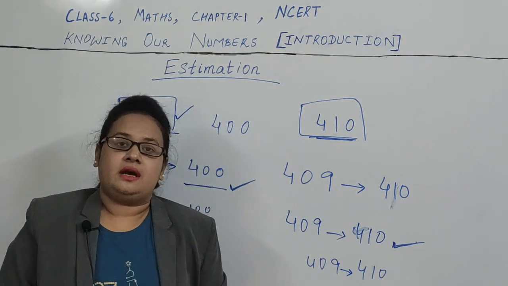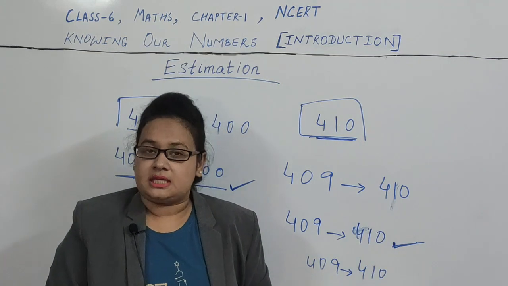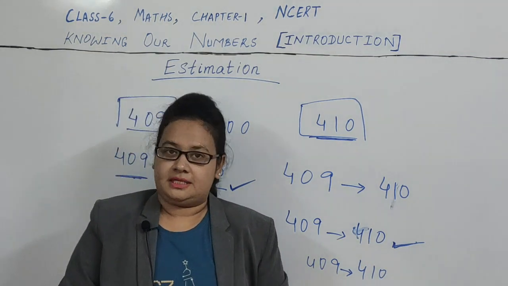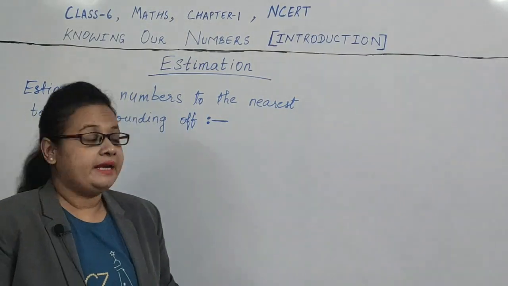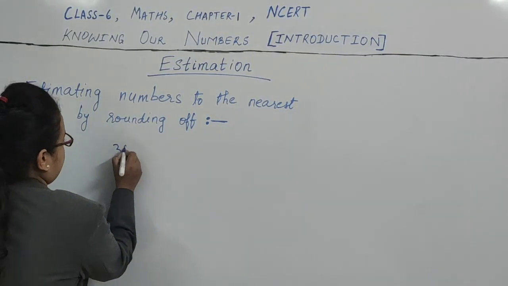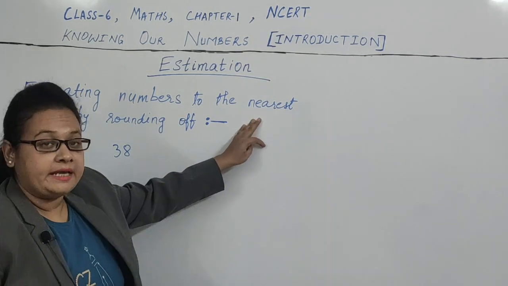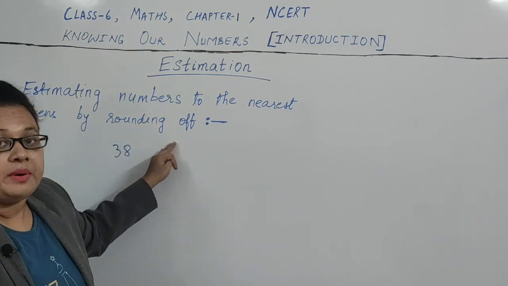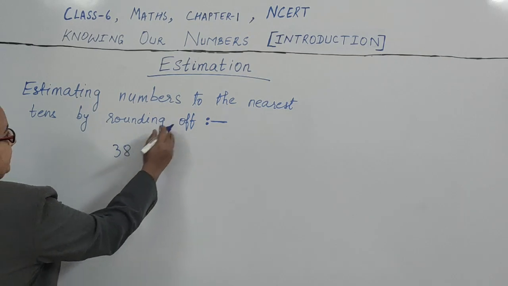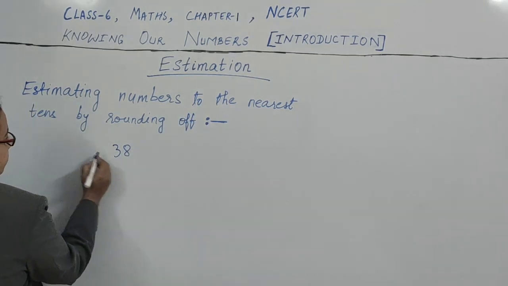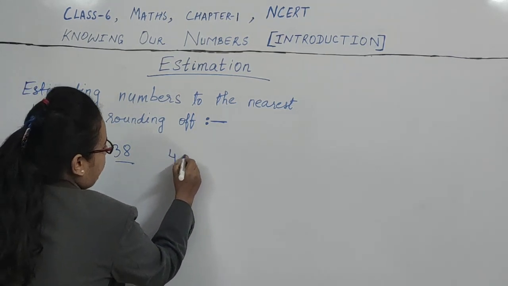So now we will first learn how to estimate numbers by rounding off to the nearest tens. Let us estimate a number, say 38. We have to estimate 38 to the nearest ten by rounding off. So what is the nearest ten to 38? 38 lies between 30 and 40.